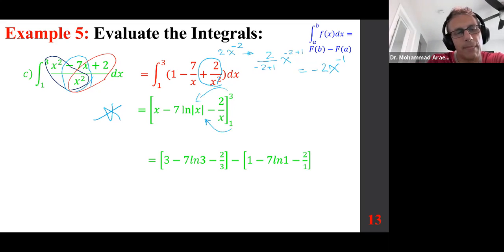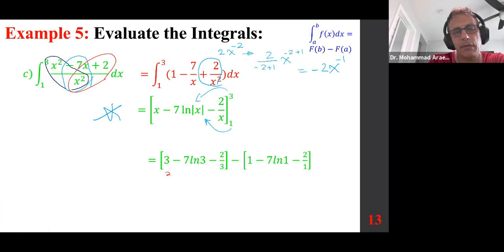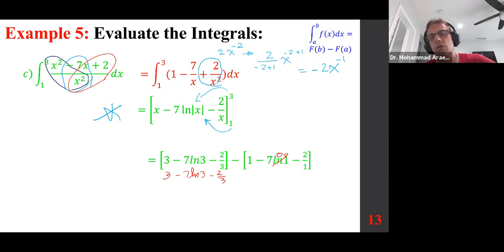So this one, 3 minus 7 ln 3 minus 2/3. The second one, ln 1 goes to 0 and minus 7 times that is also 0.